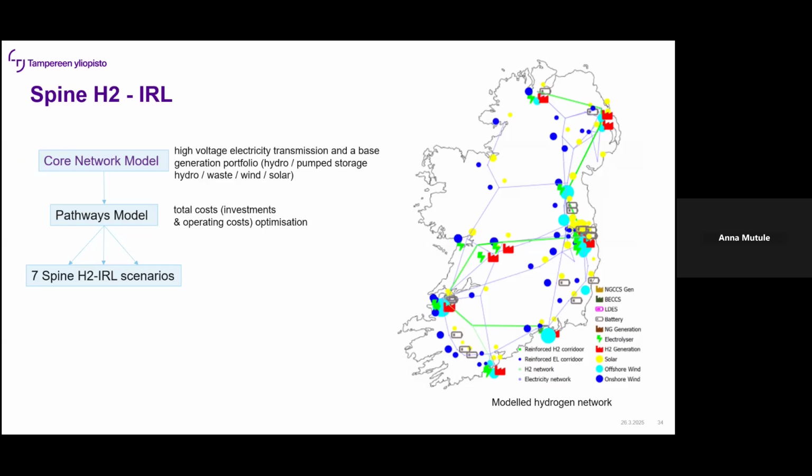It also incorporates 30 years of weather data for wind, solar, and demand, both electricity and hydrogen, ensuring stable analysis under a wide range of conditions. On the right, you can see the visualization of the modeled hydrogen network, which is overlaid on Ireland's electricity infrastructure.